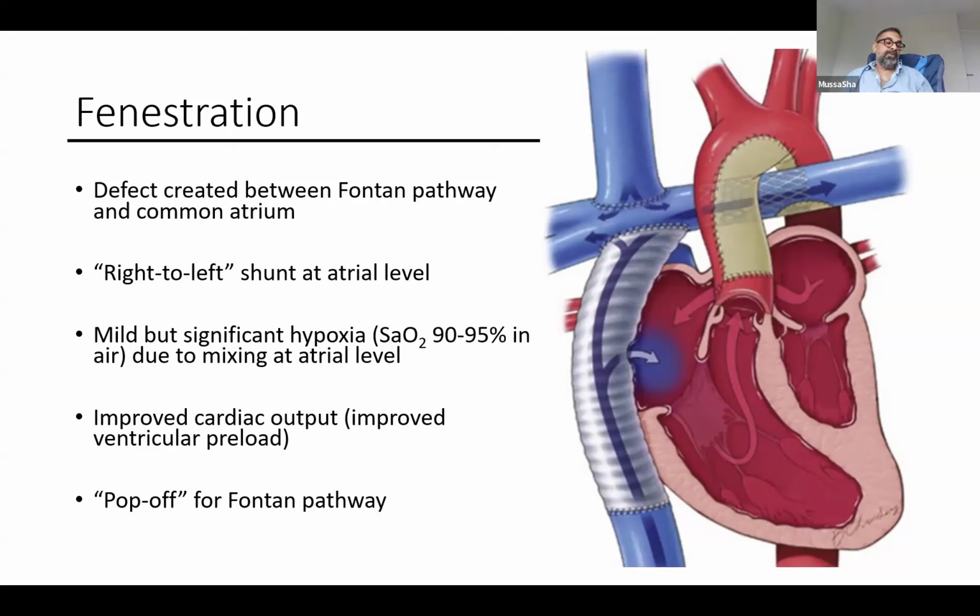Now, having high Fontan pressures is a problem, because those pressures are in turn transmitted into the splanchnic circulation, into the hepatic circulation, and with all of the attendant problems associated with that.